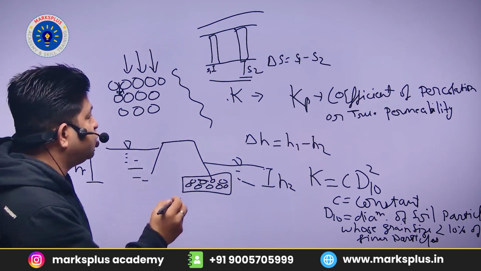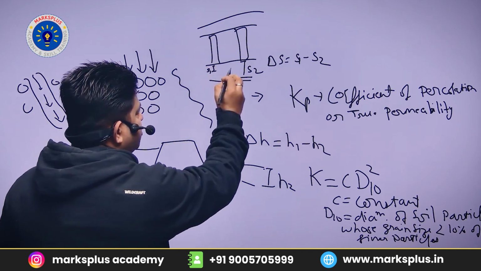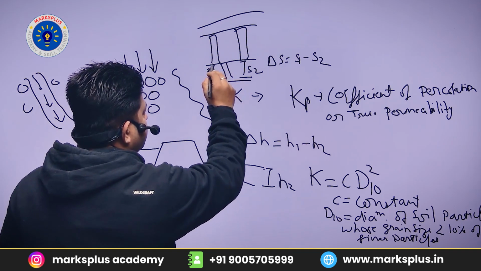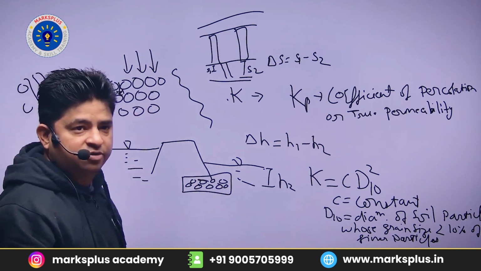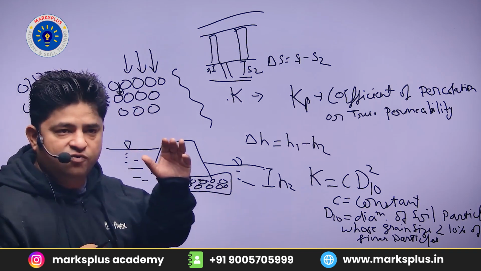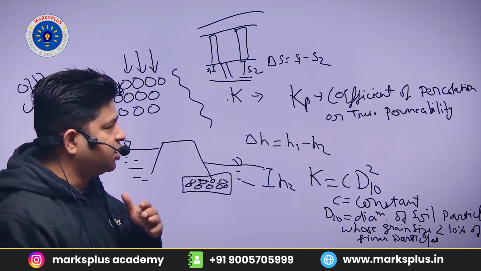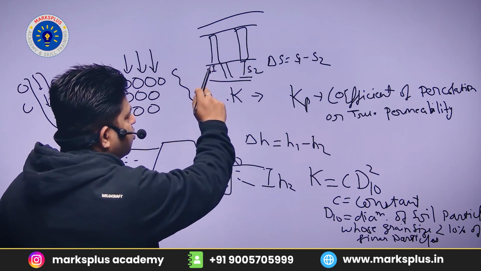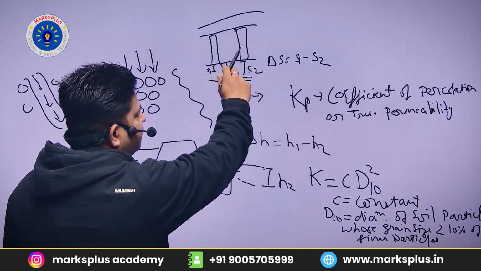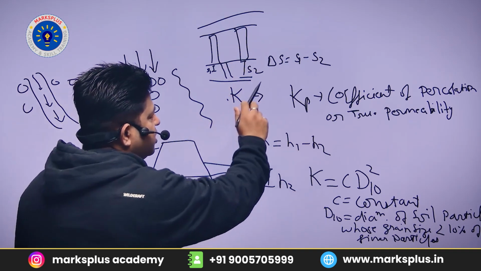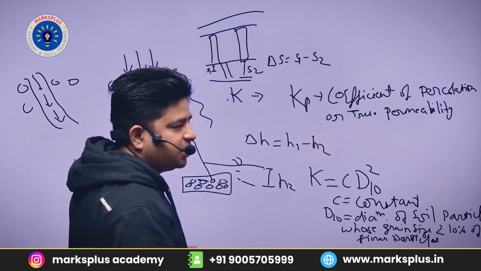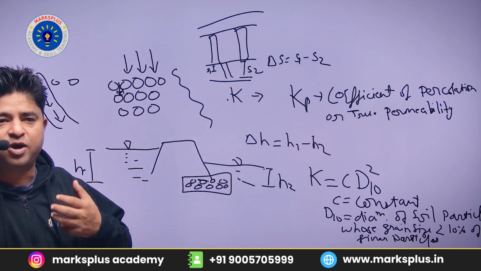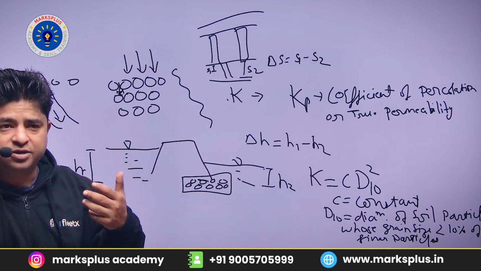When the fluid flows through that soil mass beneath the bridge, it will definitely cause some settlement. If the settlement in this column is S1 and in the second column is S2, then the differential settlement is equal to S1 minus S2. It means if our settlement is maximum, that may also cause the failure of that particular bridge.